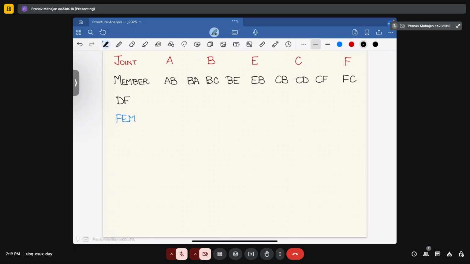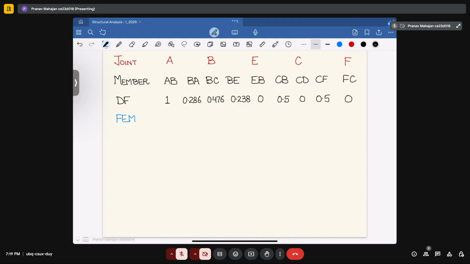Their corresponding distribution factors, as we have already mentioned, will become 1.286, 0.476, 0.238, then 0.5, 0.5, and 0.